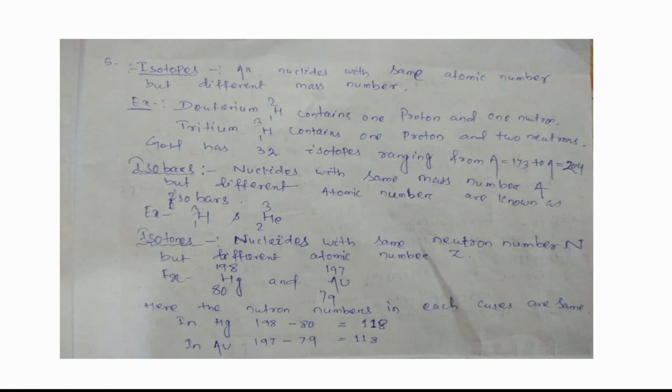As you know, A equals Z plus N, so N equals A minus Z. Here 198 minus 80 becomes 118. Here also for Au, 197 minus 79 becomes 118. So in these two cases, for Hg and for Au, the neutron number is the same. So those are isotones.